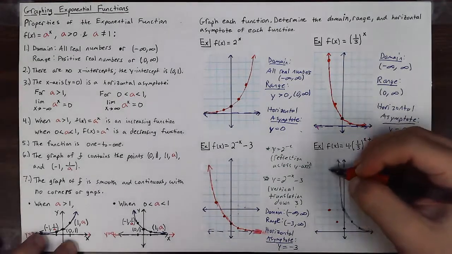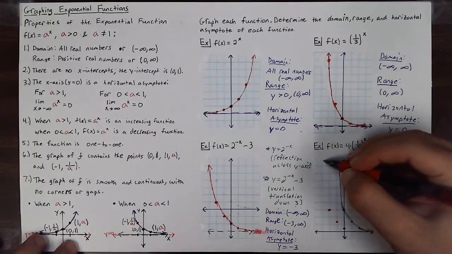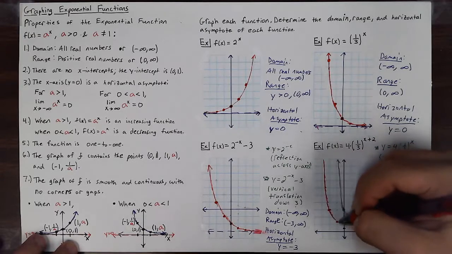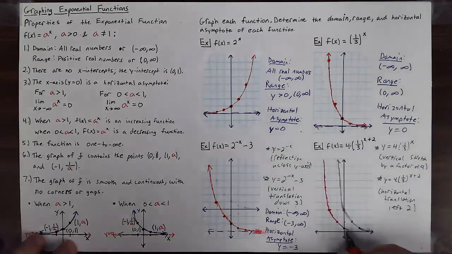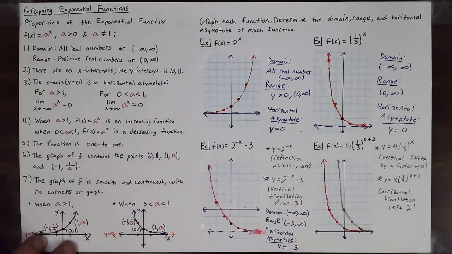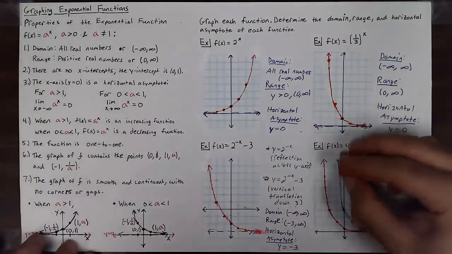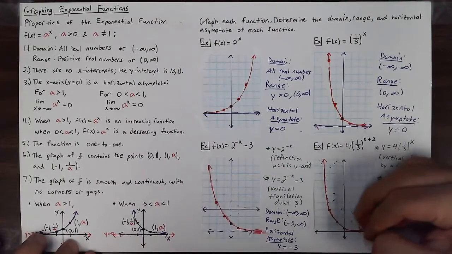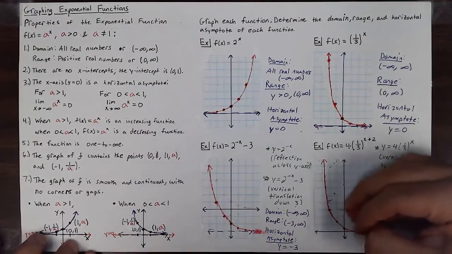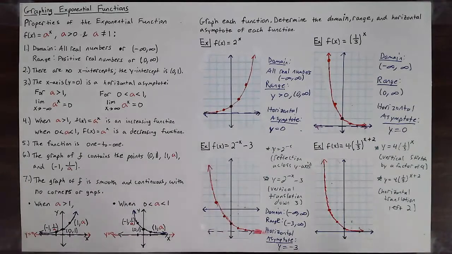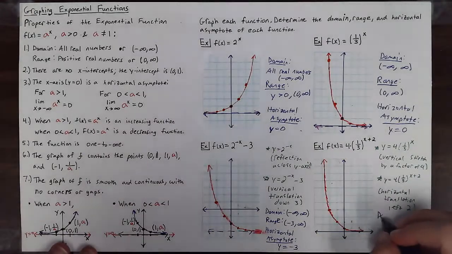Now I'll graph this one out. Again, it never reaches the next x value, it just gets very high up. And it still flattens out at 0, because I didn't go up and down. Now I'll erase away the intermediate graph, and then I'll write out its domain, range, and horizontal asymptote.